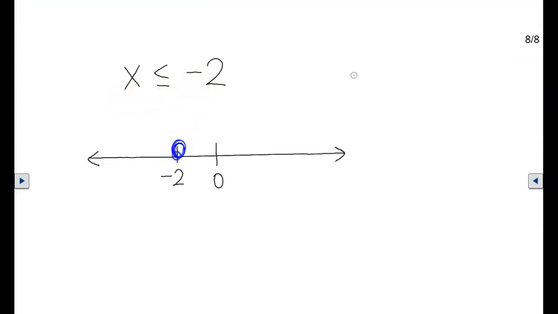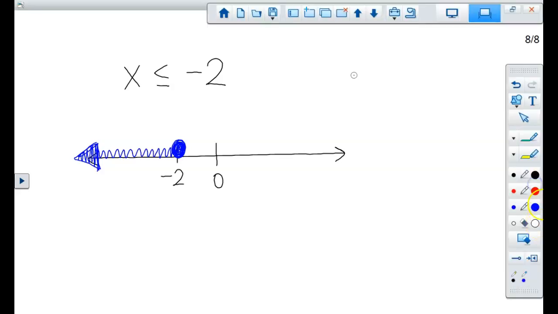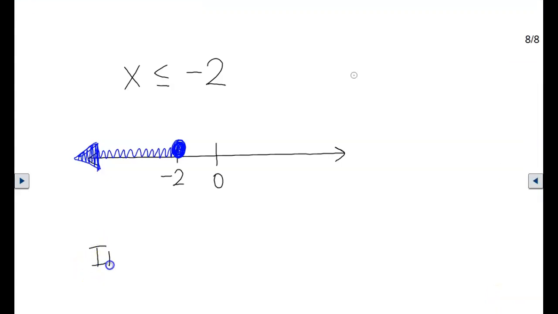So negative 2 is included as an x value, so I'm going to fill in that circle. And then my x's need to be less than negative 2. They need to be smaller. So I will go to the left and fill in my arrow to show that that would keep going. So there's a picture. There's another representation of all of the x's that are less than or equal to negative 2.